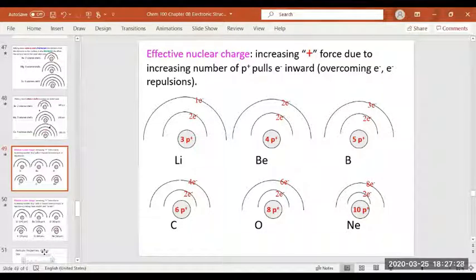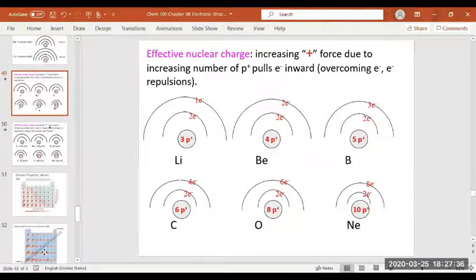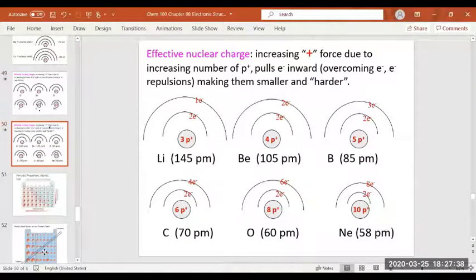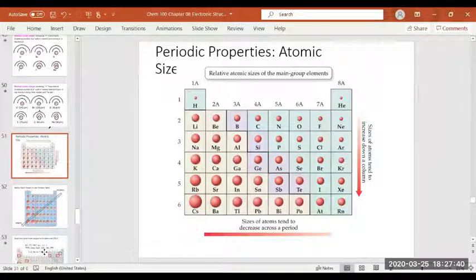That means the attractive force of the nucleus will be higher, so the effective nuclear charge will be higher. I will give you this general trend that can help you predict or make comparisons for the size of the atom. Going down, size will increase.